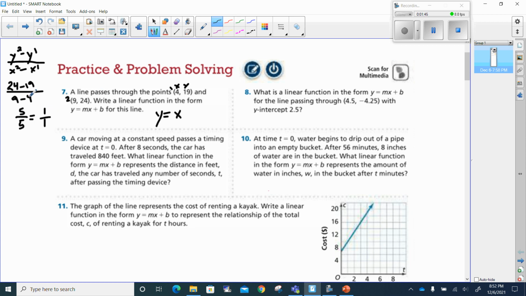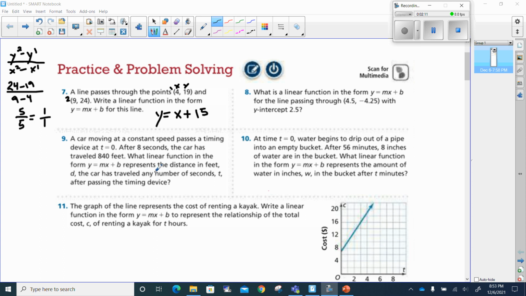Well, I found that when I'm at 4, I'm at 19, and I take 4 away from here, I have to take 4 from here. 19 minus 4 is going to give me 15. So that tells me I'll be at y equals x plus 15.